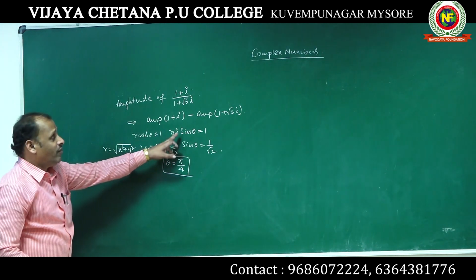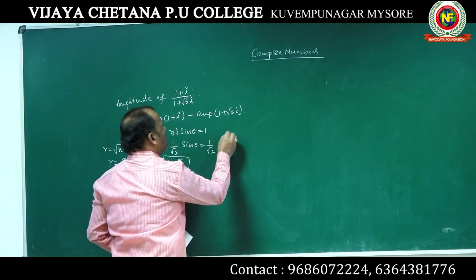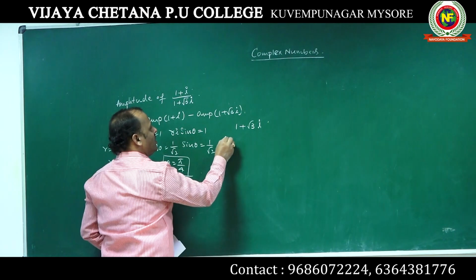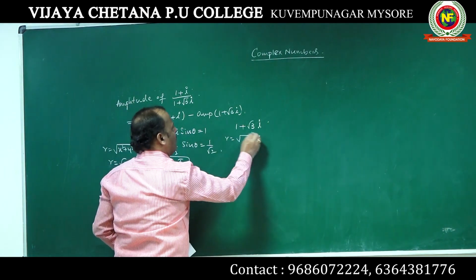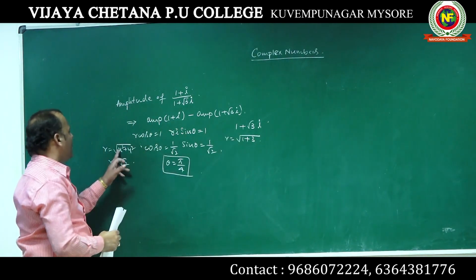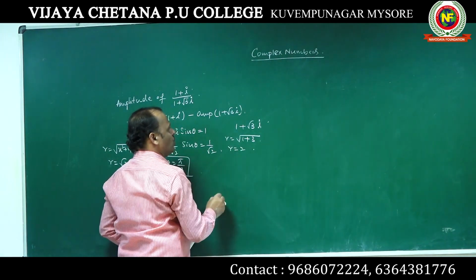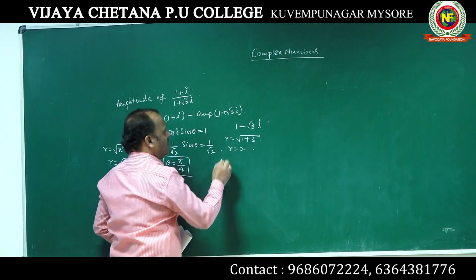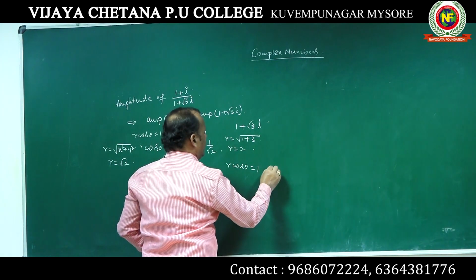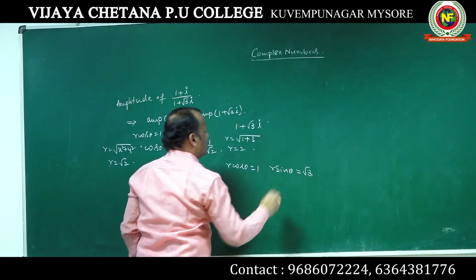Like this, we are going to find the amplitude for 1 plus root 3 i. So r is equal to root of 1 plus 3, that is x square plus y square, so r is equal to 2. Here r cos theta is equal to 1, and r sin theta is equal to root 3.